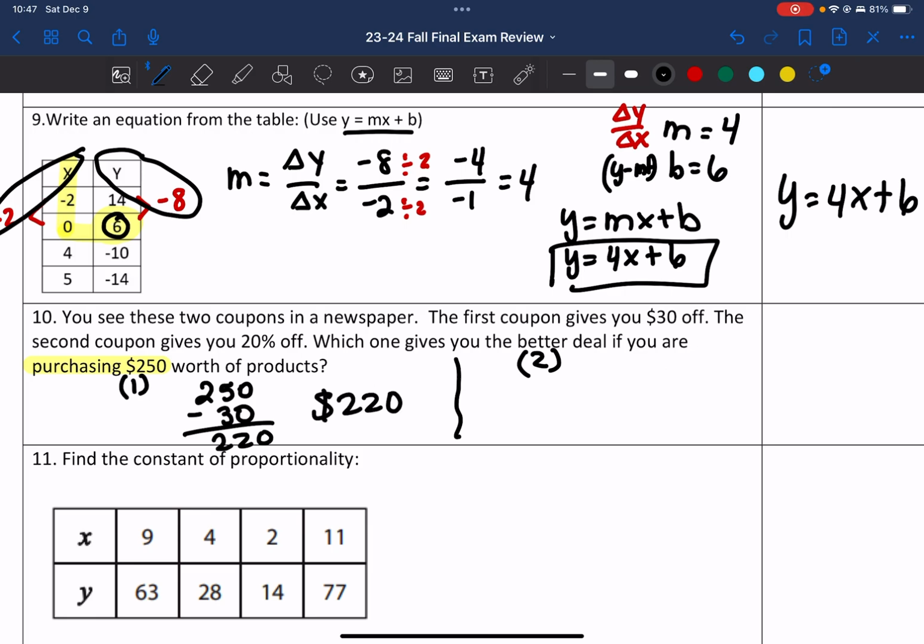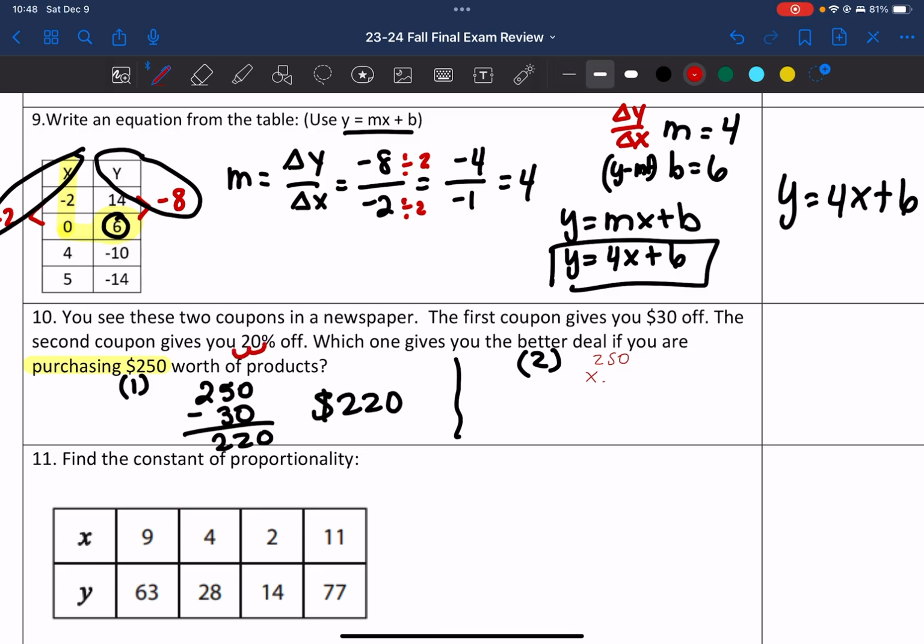Okay, with $30 off. Now let's take a look at option number 2. It says 20% off. So we have to take $250, and what we're gonna have to do is multiply it by the percent, the decimal, not the percent.